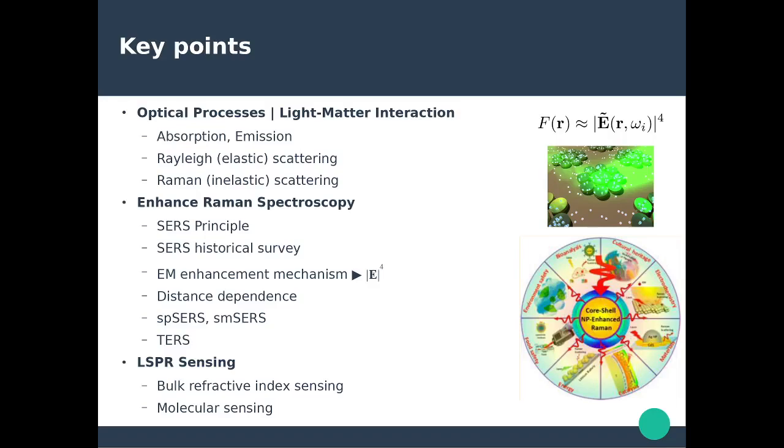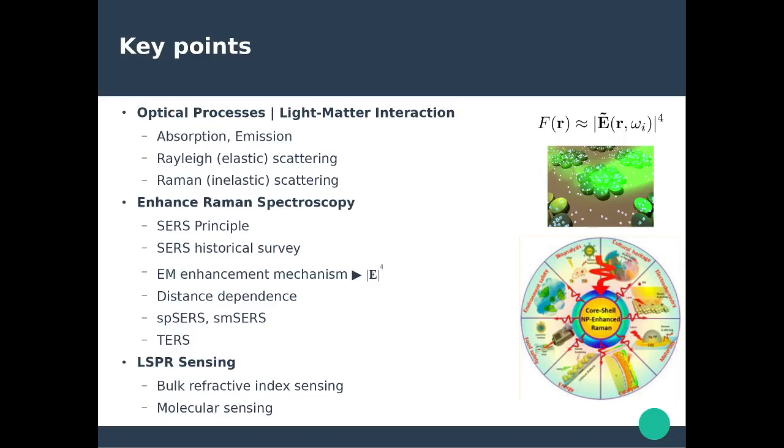So to summarize this chapter, we've discussed the different optical processes in light-matter interaction, talking about emission and absorption processes, elastic and inelastic light scattering, and then we focused on Raman scattering, especially the case of enhanced Raman spectroscopy.